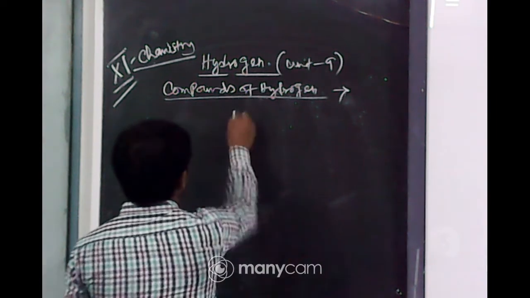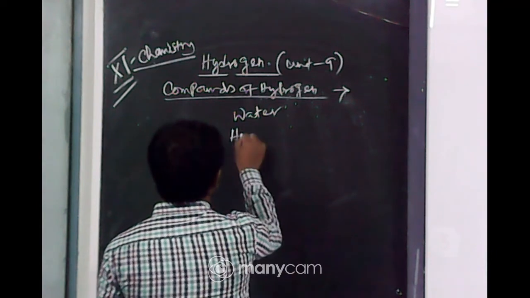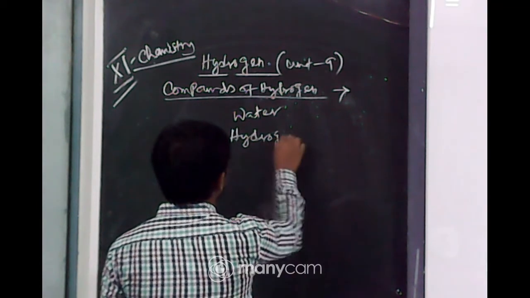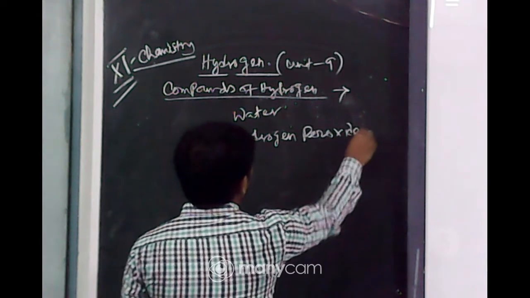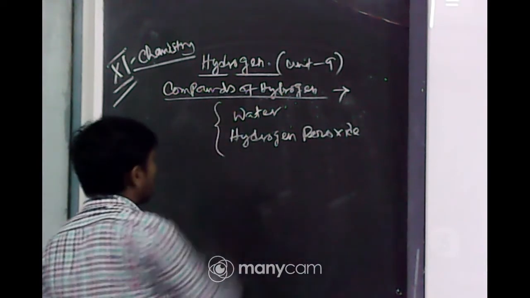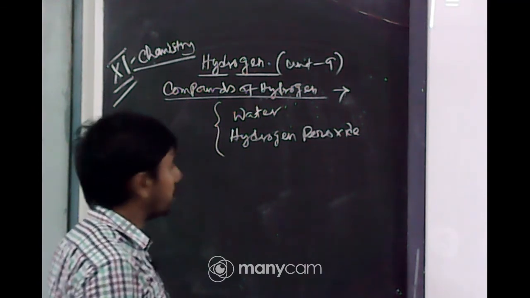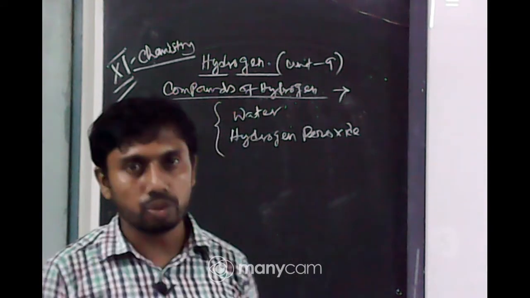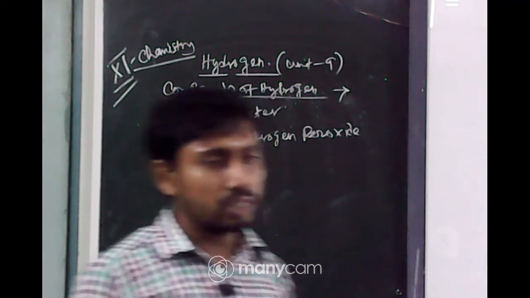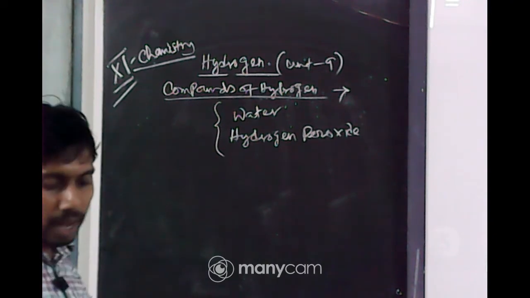One is water and hydrogen peroxide. We have to know the properties of water and hydrogen peroxide. There are more compounds of hydrogen, that is H2S, which is also very important, but in your syllabus it is only water and hydrogen peroxide.